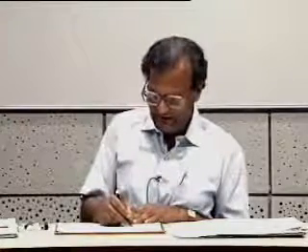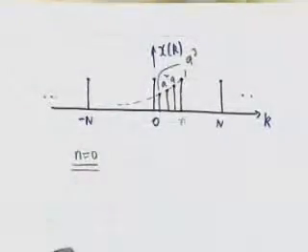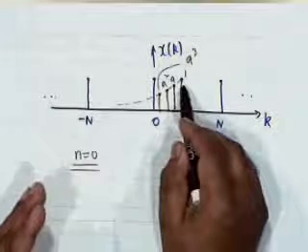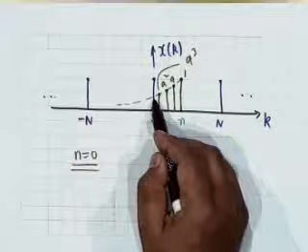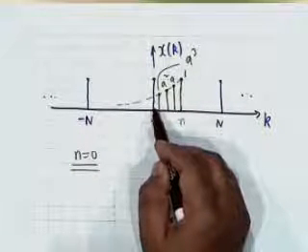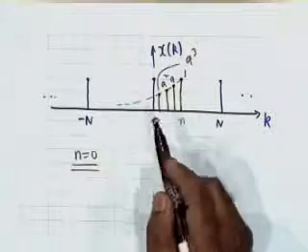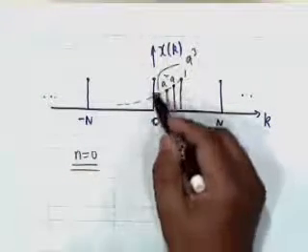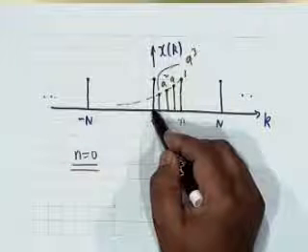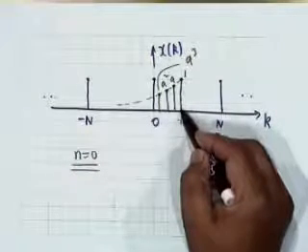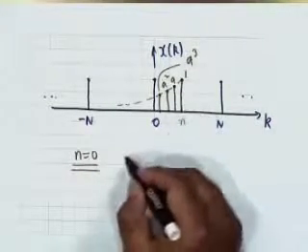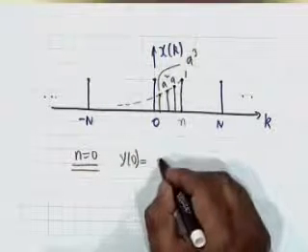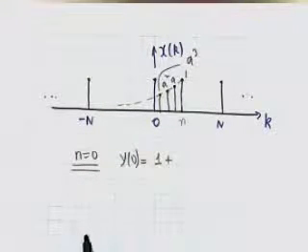Now you can see what the output is. For example, when n equals 0, then this picture starts from here. All right, and the first non-zero overlap shall be 1 of x of k multiplied by 1 of h of n minus k, and therefore y of 0 shall be equal to 1, the first sample.